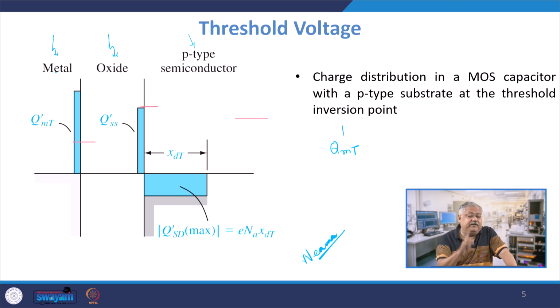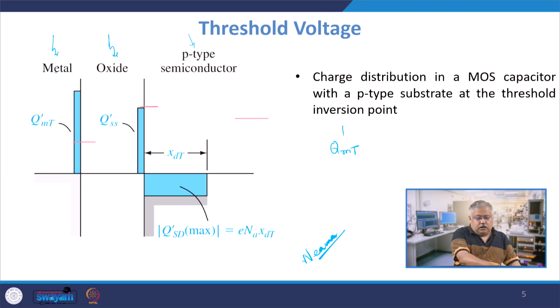As I told you in the previous lecture also, I am not inserting any charge into the system. So, the total charge will always be balanced. So, if you add charges on the metal and oxide side in a positive sense, the system will also add a negative charge on the semiconductor side.